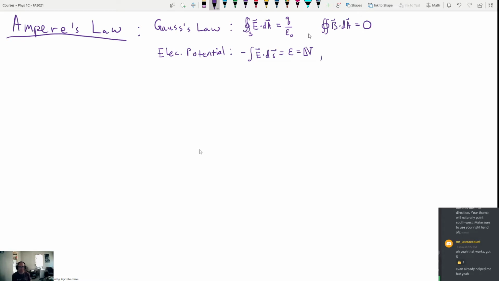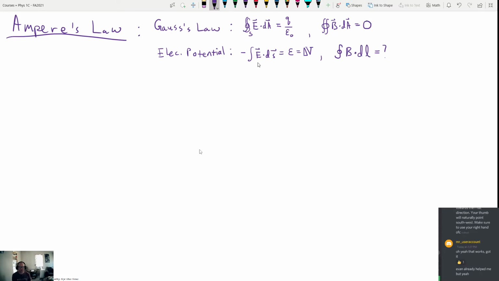So the question in regards to Ampere's law is, what do you get if I do the integral of B dot dl? In particular, what do we get if we do it over a closed path? The reason why we might care about this is because when we looked at Gauss's law, when we did a surface integral with the electric field, we got Q over epsilon naught. You did the same thing for the magnetic field and got the result that you always get zero.